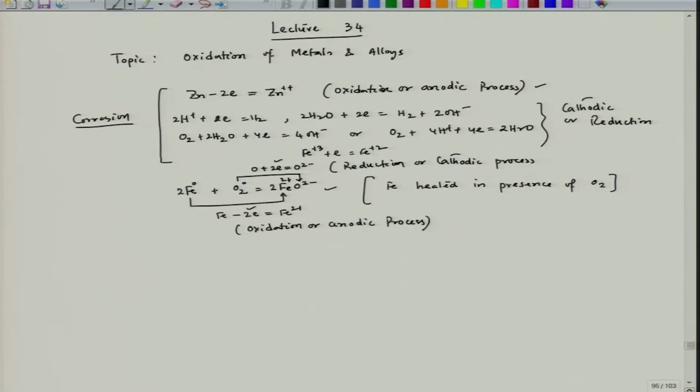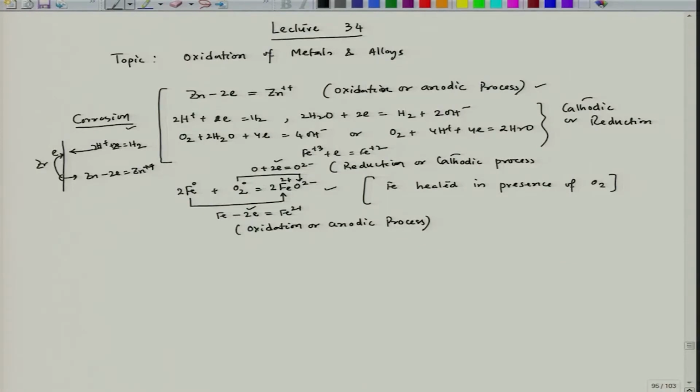Now, in this corrosion case, we are very clear that on the surface of zinc, I can have 2H+ plus 2e equal to H2, this cathodic process. This electron comes from a place where zinc goes in the form of Zn2+.